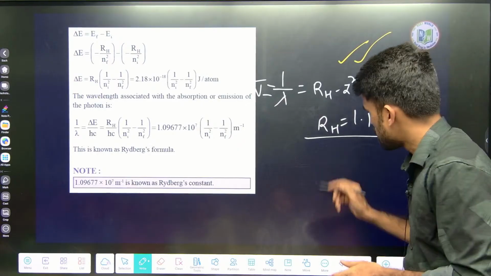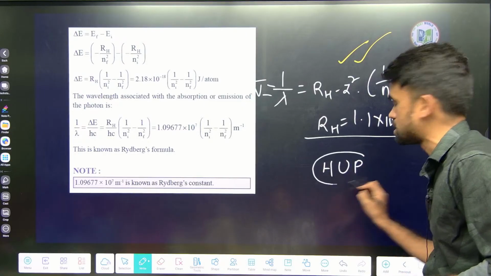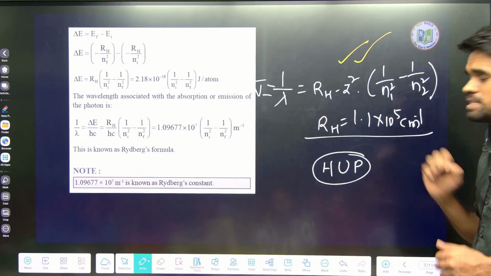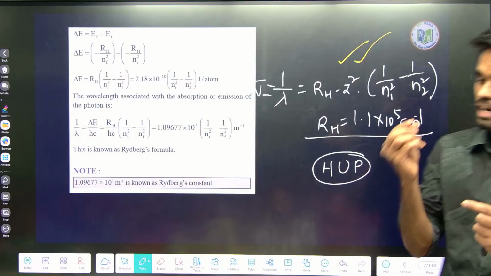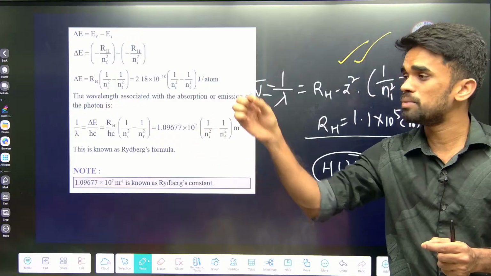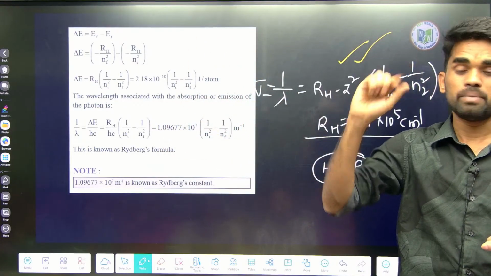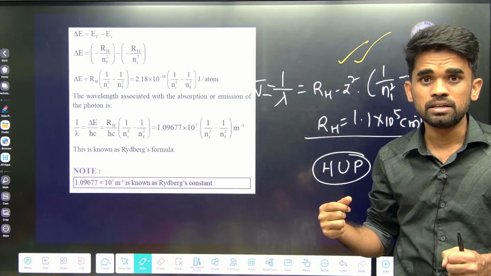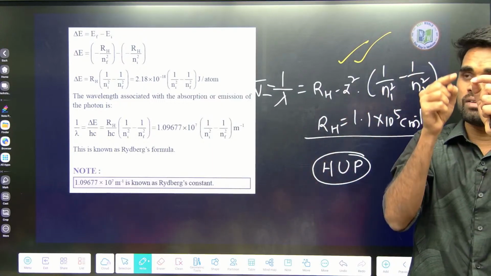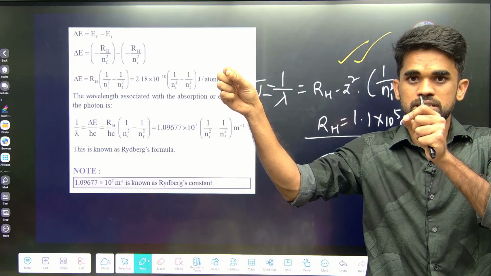Next, we are going to study Heisenberg's uncertainty principle. What it says is, we cannot find the exact position and exact momentum of an electron which is in motion. But what did the Bohr model consider? Electron revolves around the nucleus in a circular path at a distance r from the nucleus.